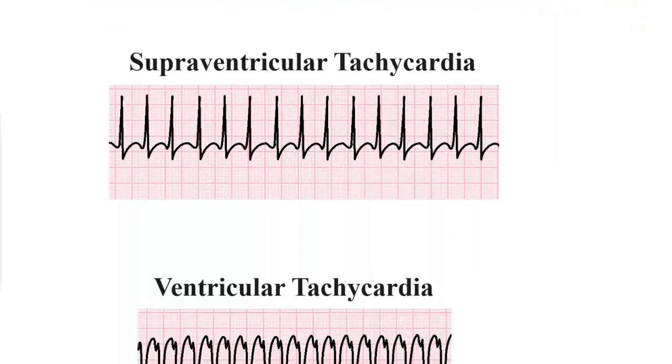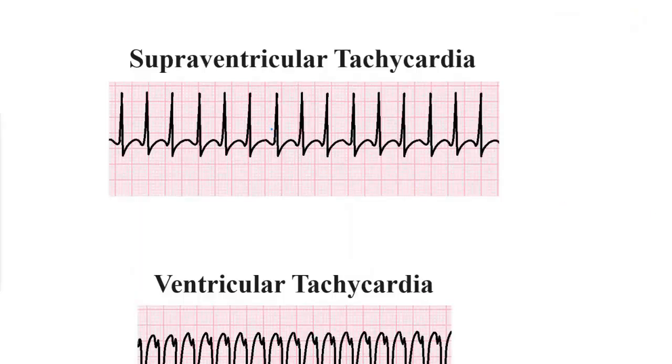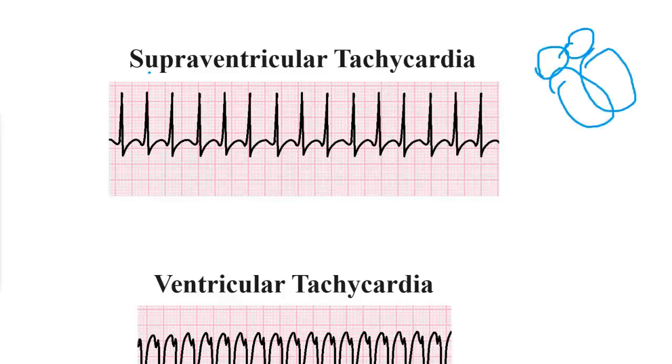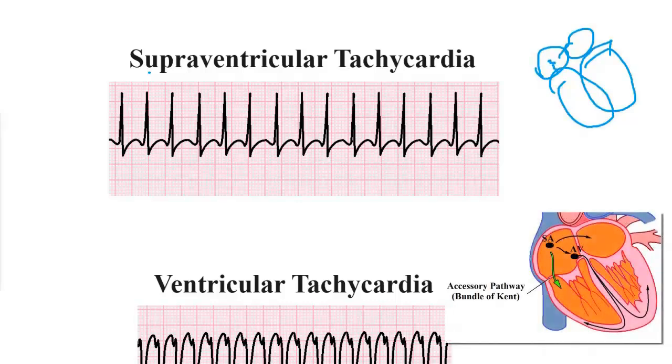Next, I would like to discuss supraventricular tachycardia. So as the name implies, supraventricular means above the ventricle. So the source of depolarization of the ventricle is above the ventricle. An example of which includes, for instance, Wolff-Parkinson-White syndrome, where due to the bundle of Kent, there would be depolarization of the atrium bypassing the AV node and causing the depolarization of the ventricle.